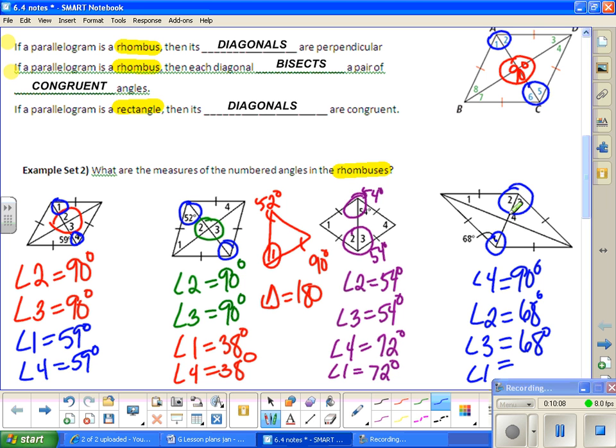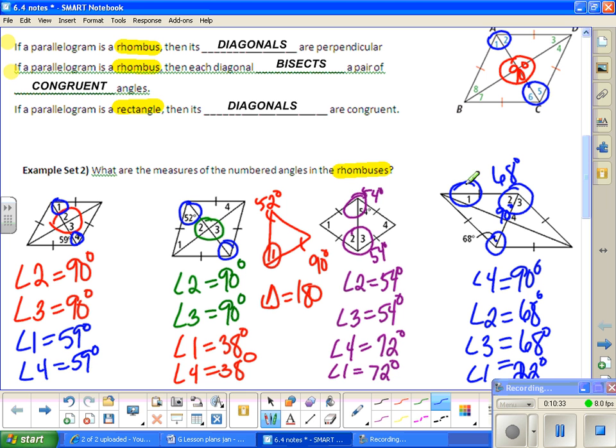If this is 68 and this is 90, and angle 1 is going to be the difference of those two and 180, which is going to be 18, no, 12 degrees. Nope, not 12, 22 degrees, sorry.